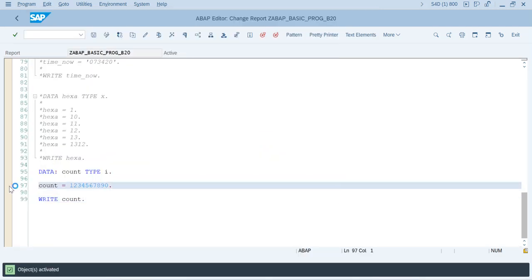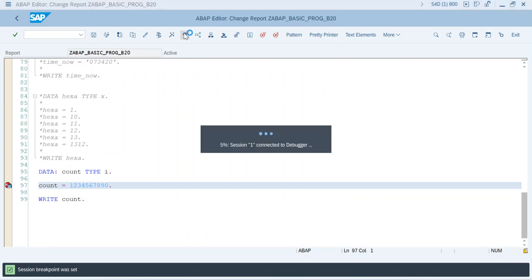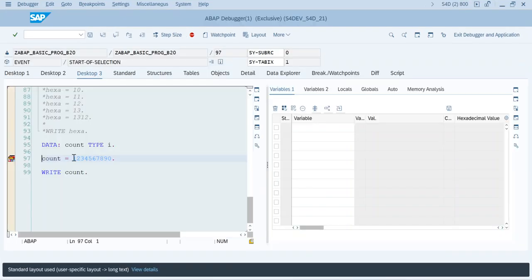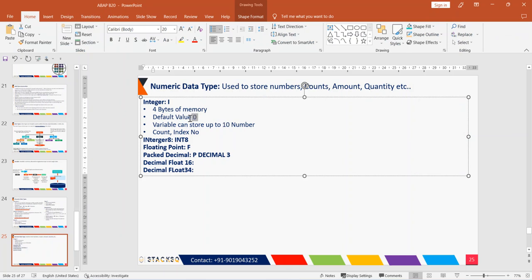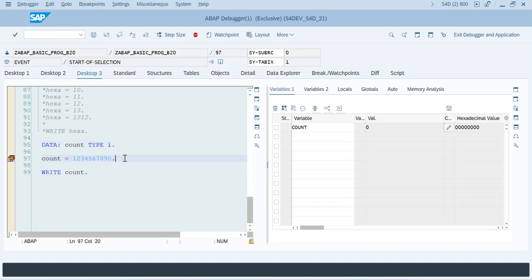I'll keep the breakpoint here and then execute. Count 0. That is the default value, guys. The default value of the integer is 0. Right now this line is not executed, so it is storing the default value.